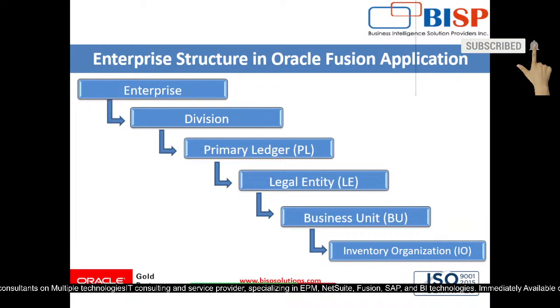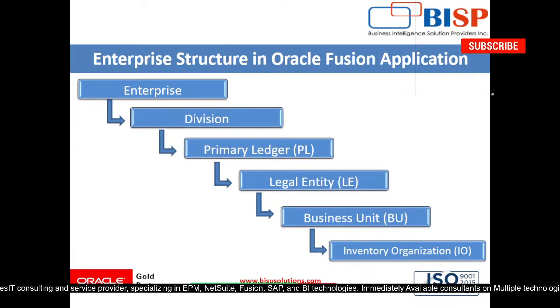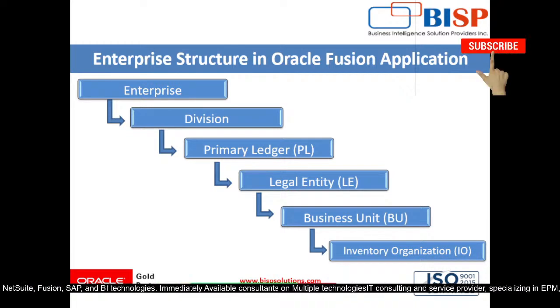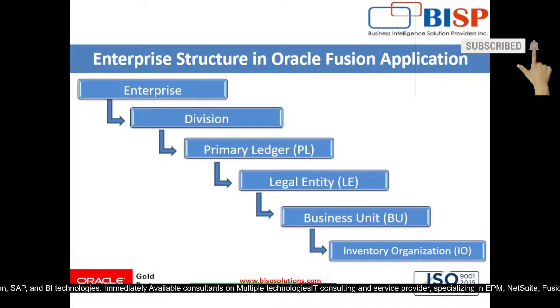And next one is the primary ledger. Before creating a primary ledger, we have to create the 3Cs. You already know them: accounting calendar, currency, chart of accounts. All three Cs map with the primary ledger for transactions in our application. We have the legal entity. After we have defined the legal entity and the legal reporting units of the business activity, we have to map the legal entity to our primary ledger.